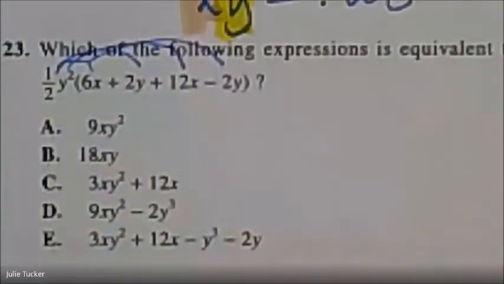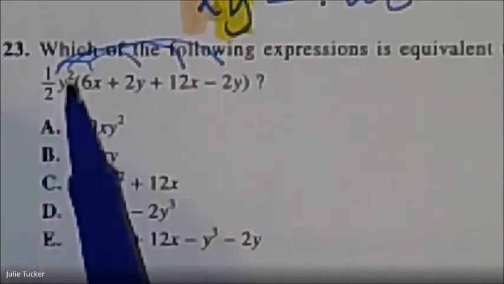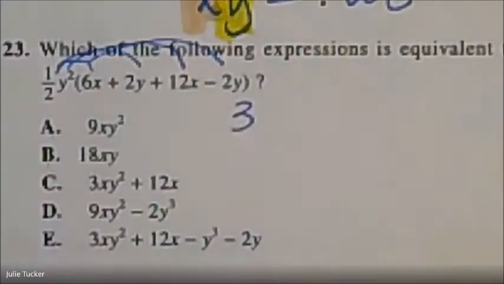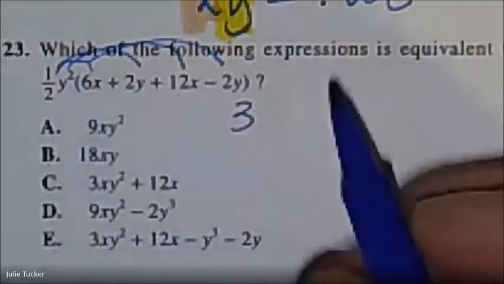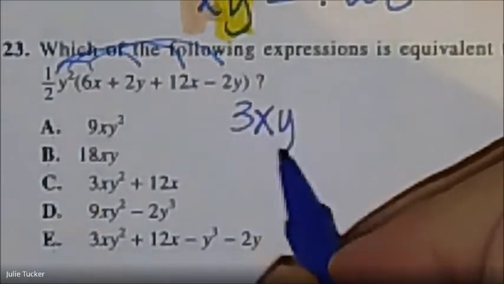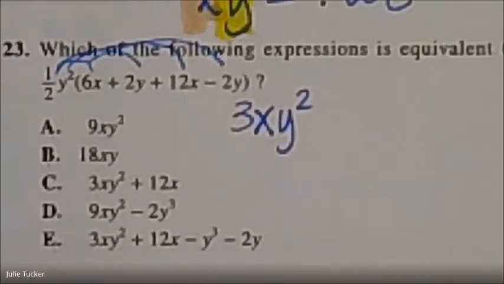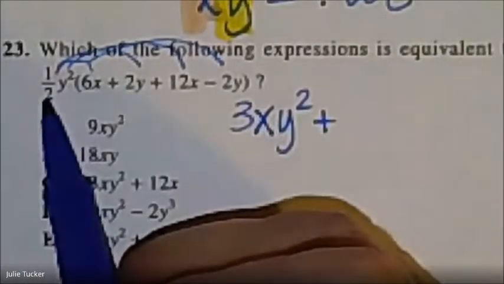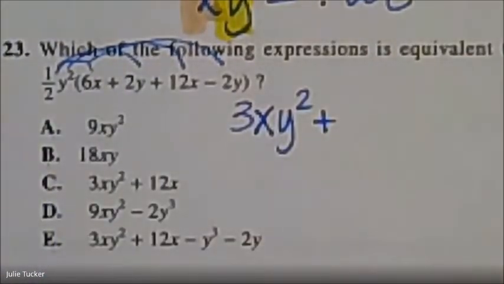Okay. So the first term, we're going to do number with number, letter with letter, variables together, numbers together. So half of 6, I would write 3. Y squared times X does not combine, so you just write all of it down. Then we need the plus. What is half of 2? 1.